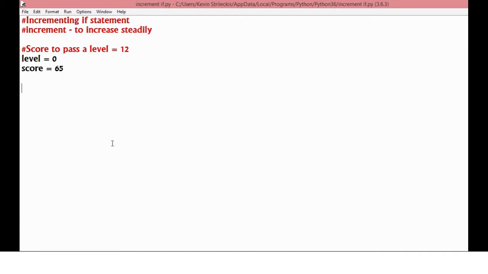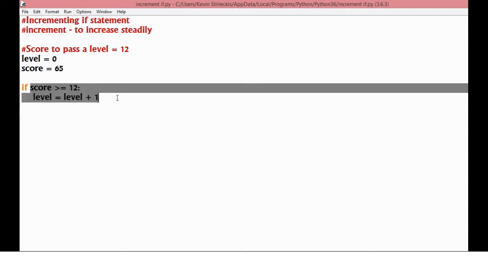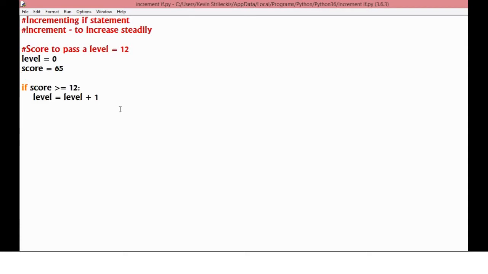All right, so the score to pass a level is 12. So what we could say for this incrementing if is that we say if score is greater than or equal to 12, then level equals level plus 1. Now notice, right there, I'm checking to see if it's at least 12. In that case, give it plus 1.